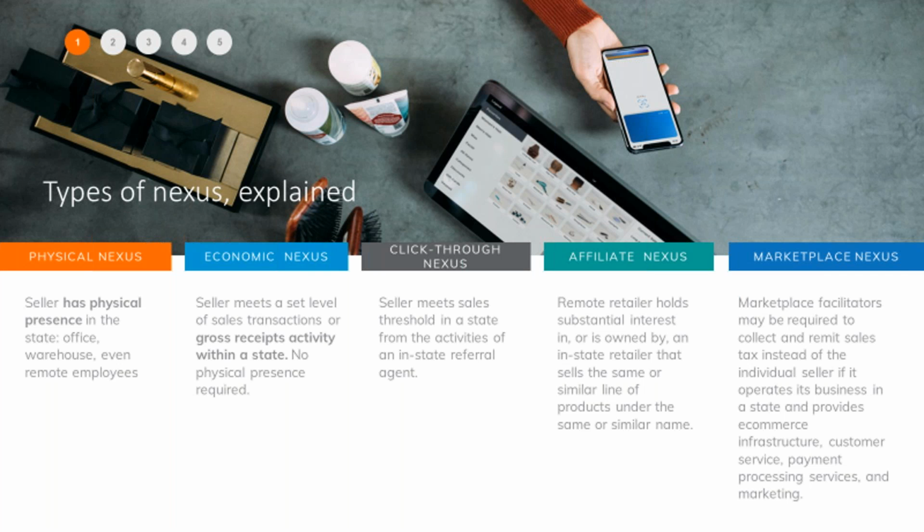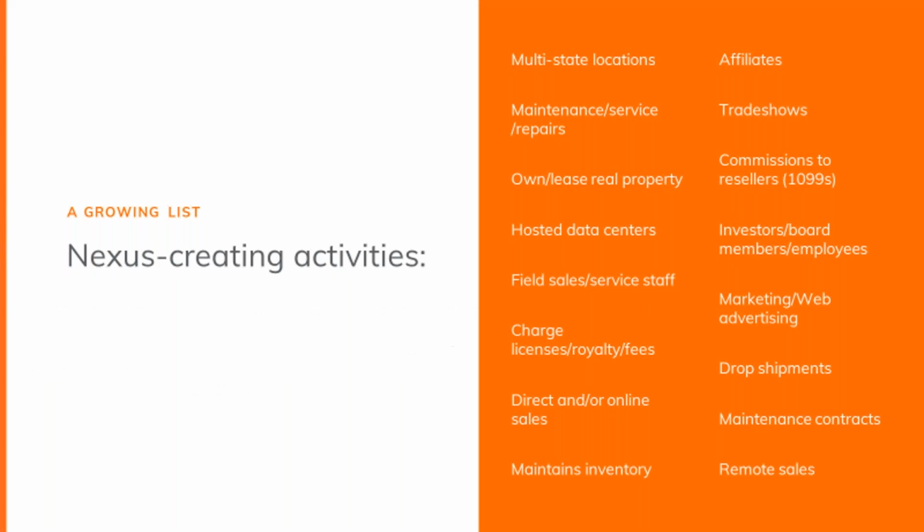One thing that I want to focus on deeply here is physical presence nexus. Mainly when I am working with manufacturing businesses like yourself, they don't think they have an obligation because the economic nexus thresholds don't apply to them. But what they forget is the physical presence creation activities.